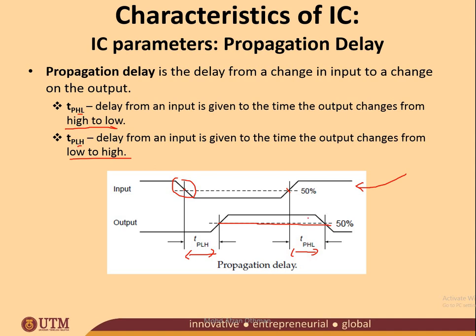If it's ideal, no propagation delay, which is ridiculous. Normally they have propagation delay. It's just whether it is significant or within the spec. If it's an ideal chip, then for example this is your input, and your output will be just the same, just like this.